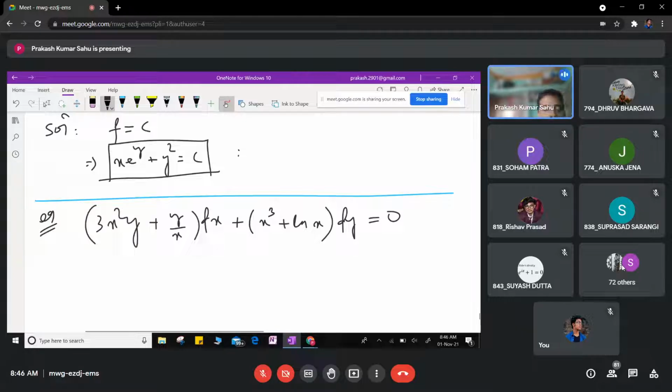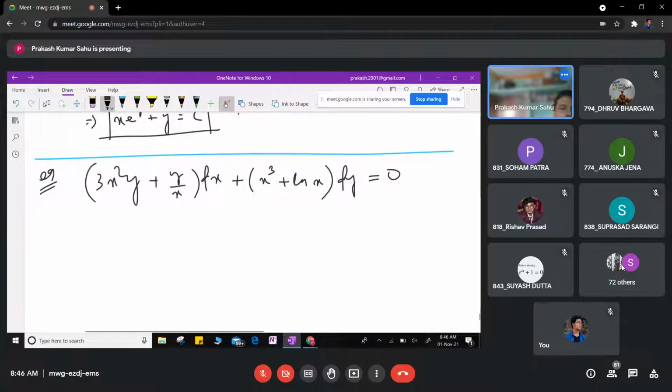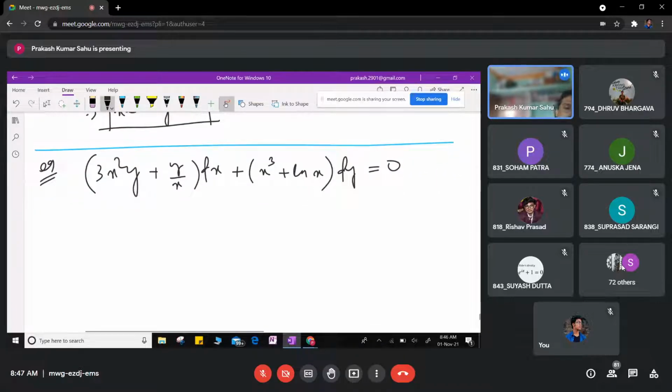Okay, suppose this is your differential equation. So let us see. Here M is equal to 3x square y plus y by x, and N is equal to x cube plus ln x.